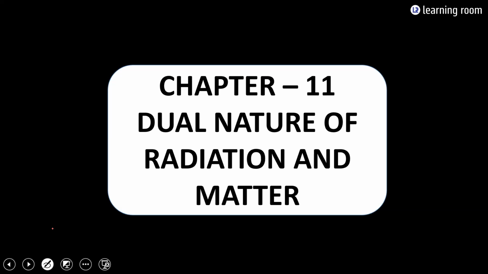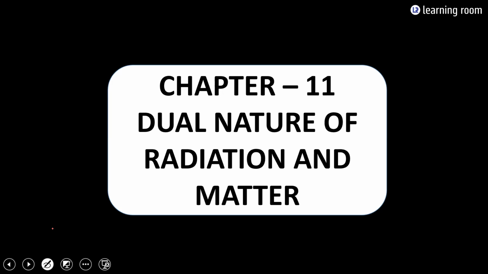If you look at the name of this chapter, it says dual nature. Dual nature of radiation and matter. When I talk about radiation, what comes to my mind is something which carries energy, that is light. So what they're trying to say is light has dual nature.